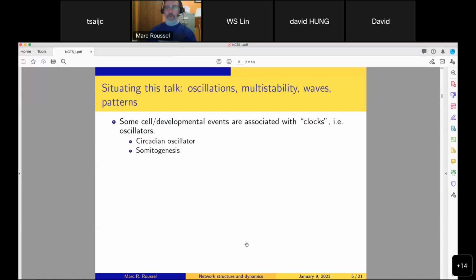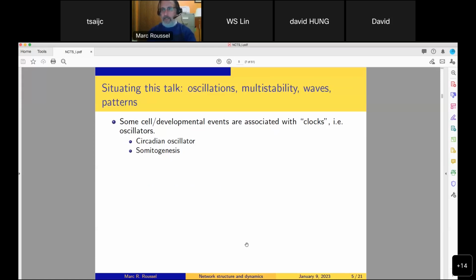So, what sorts of things are we interested in? I'm a dynamicist. I started out my career working in nonlinear dynamics, and so I'm interested in things that have interesting dynamics, as I think many of you here are. There's a lot of dynamics in biological systems. We have some cell and developmental events that are associated with clocks, so oscillators.